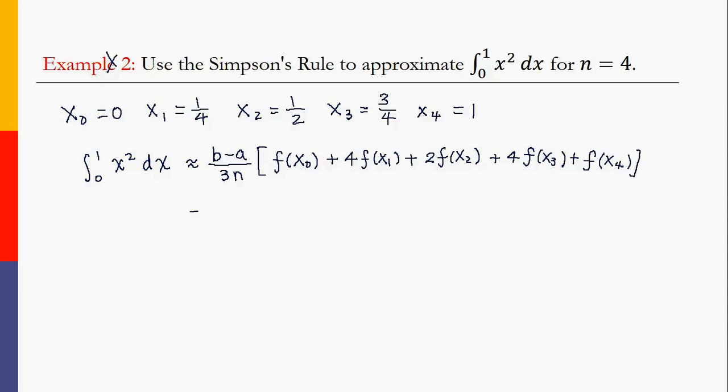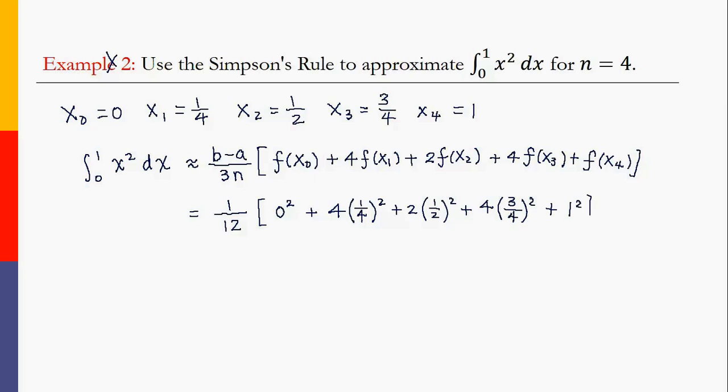Now plug in all the values into the formula. b equals 1, a equals 0, so we get 1 over 3 times n, which is 4, so it's 12. f of x0 is 0 squared, plus 4 times f of x1, (1/4) squared, plus 2 times f of x2, (1/2) squared, plus 4 times f of x3, (3/4) squared, plus lastly 1 squared.